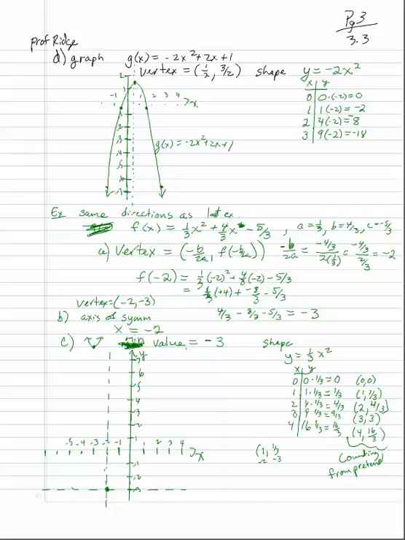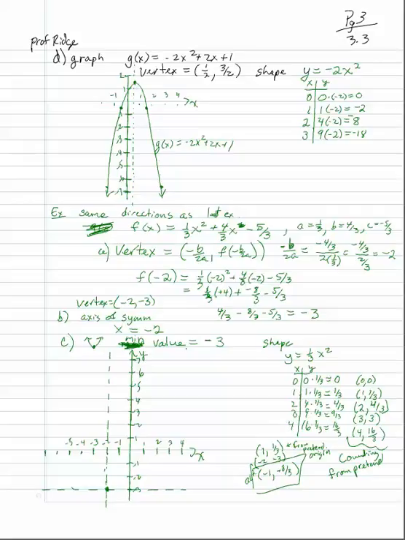So the actual point will be negative 1, and 3 minus 1/3 would be 2 2/3, so it would be negative 8/3. Okay, that's the actual point, counting from the pretend origin, or the vertex. You do that for each point if you want to know what the real point is.